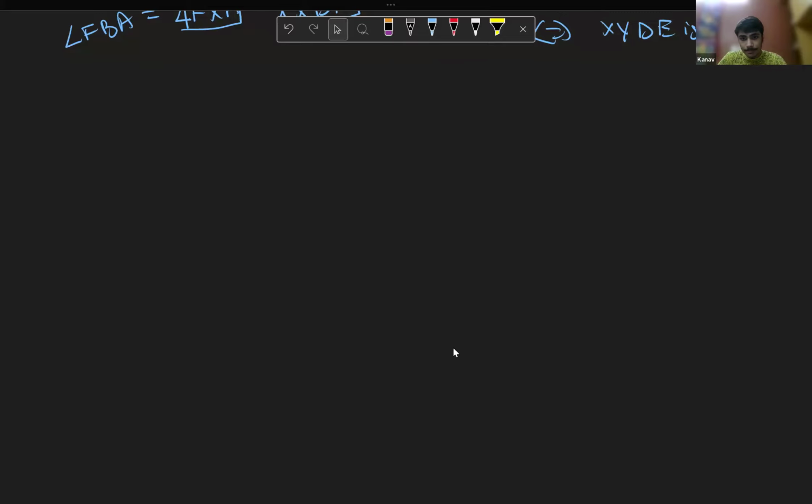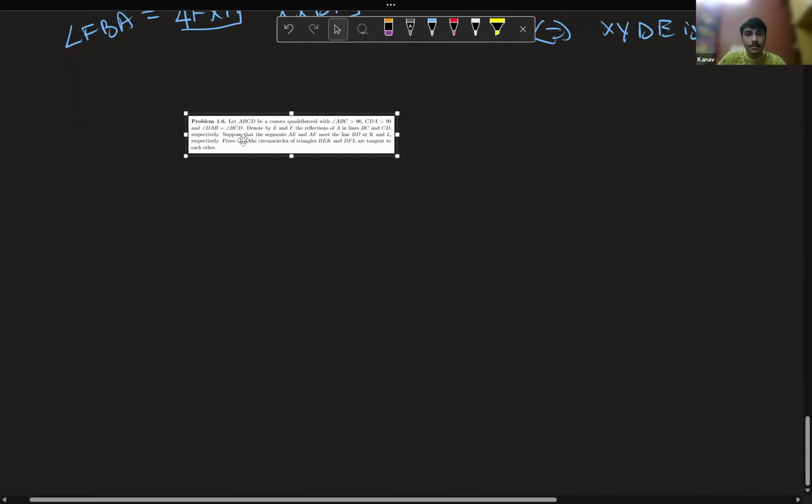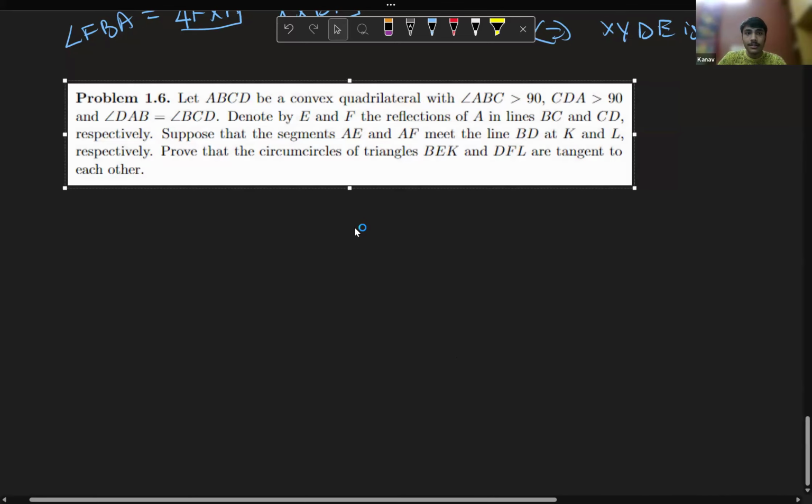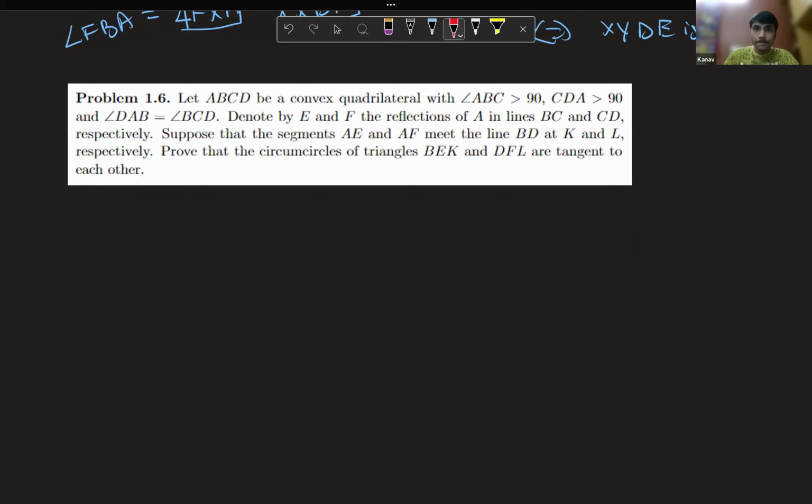Let's try this problem for some time. Draw a diagram. Okay, actually, I would not draw a diagram.